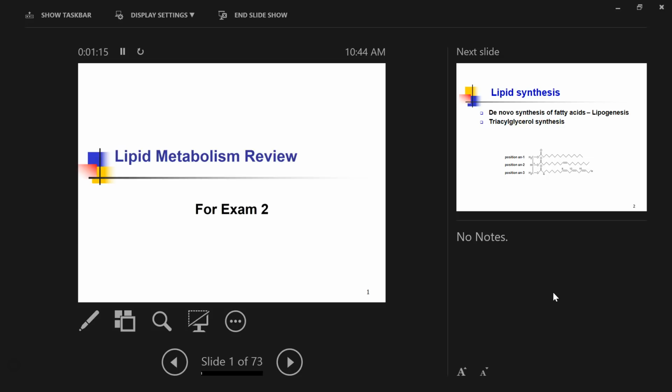So for lipogenesis, the substrate is acetyl-CoA, right? Acetyl-CoA is the starting molecule for lipogenesis, the fatty acid synthesis. And we know the acetyl-CoA is generated in the mitochondria, and that needs to be transported out of the mitochondria to the cytosol because the whole process of lipogenesis occurs in the cytosol, right?